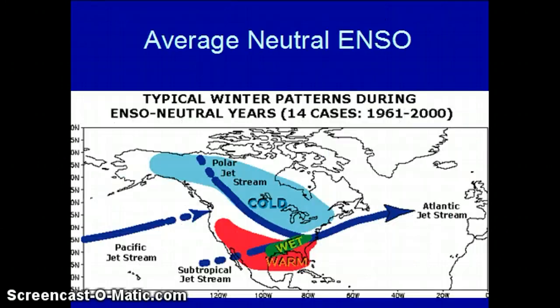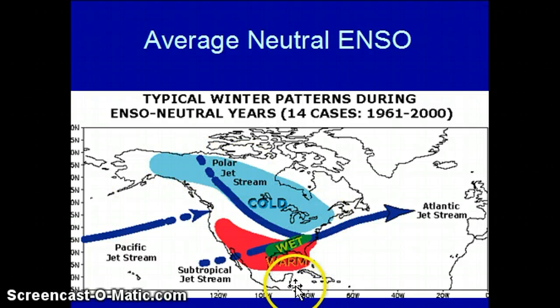Now, this is an average neutral ENSO, and that's what I'm predicting for the winter. Instead of El Nino or La Nina, it's in between, so I'm going to call for a neutral.